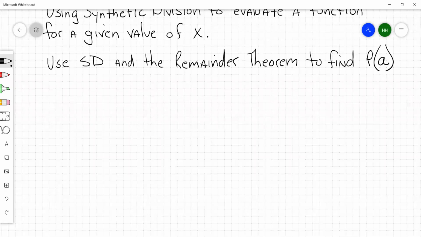And then you're going to be given a polynomial. Let's see how they put that.